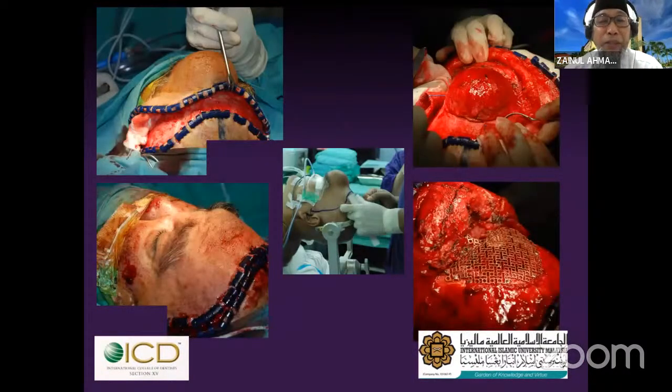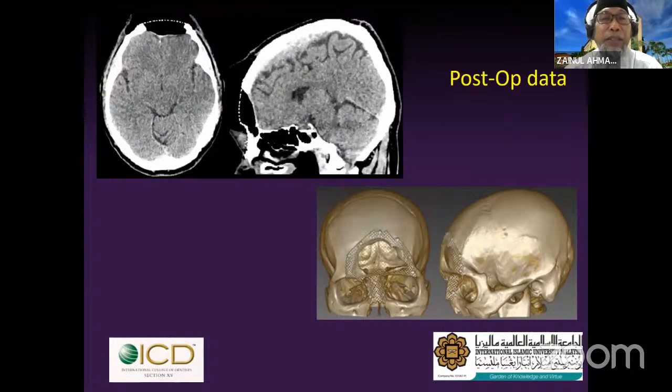This is one of the procedures that has been done, removing the tumor, and we can see the titanium mesh is inserted on the frontal part of this patient. And we can see the post-op data. Everything is intact. The frontal sinus is intact. The brain is all intact. So, in other words, the operation was successful.